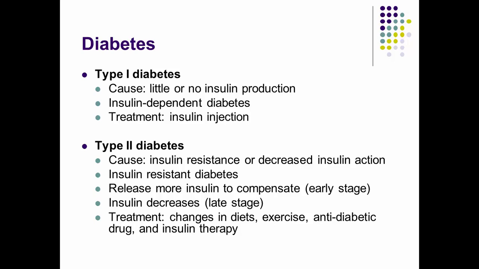So the insulin cannot efficiently do its function, right, in type 2 diabetes. So this is called insulin resistance. And the high insulin level is a kind of compensatory mechanism, because the insulin action efficiency decreases, so they try to make more insulin to compensate for the decreased action.